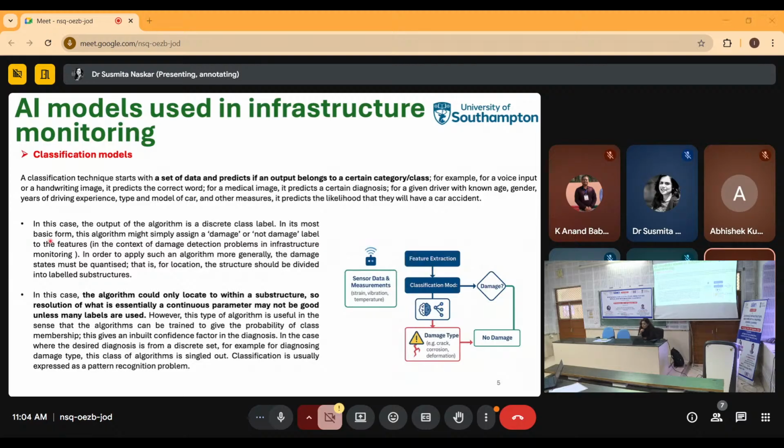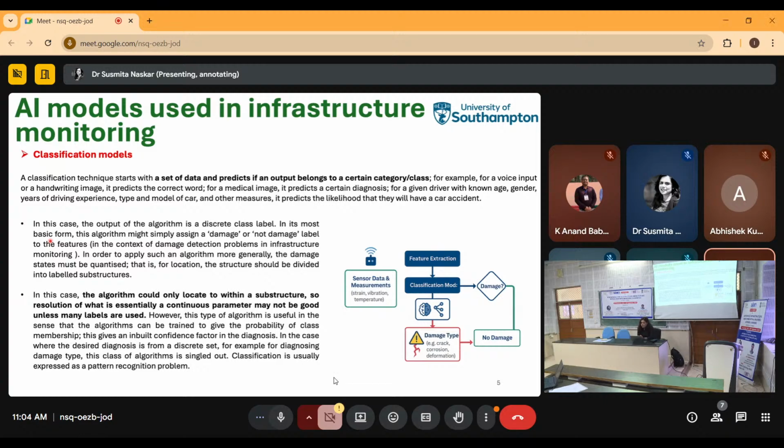If you have heard about the techniques we use with AI models, the classification technique is very, very important. Classification models are used for infrastructure monitoring, and this is one of the very foundational AI approaches that allows us to automatically detect and categorize damage or risk in engineering structures.